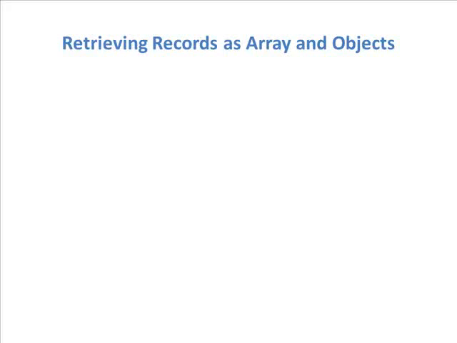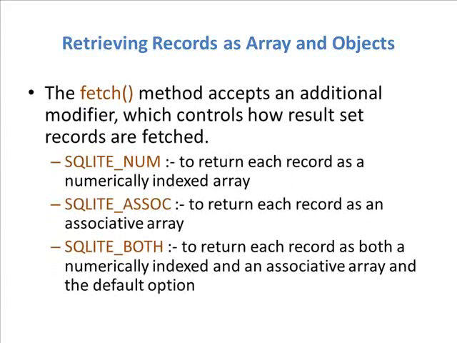Retrieving records as array and object. The SQLite result object's fetch method accepts an additional modifier which controls how result set records are fetched.